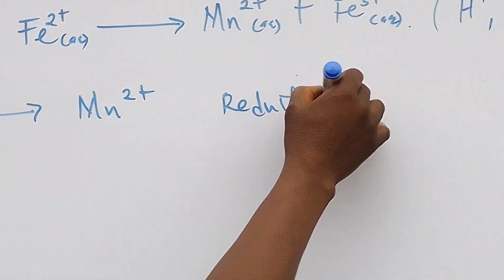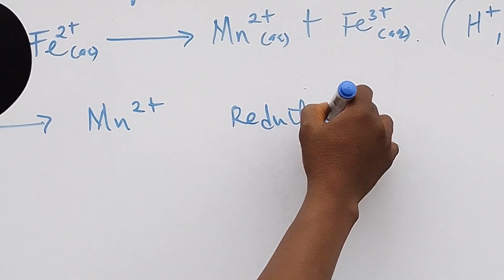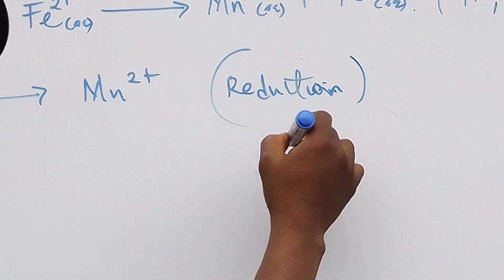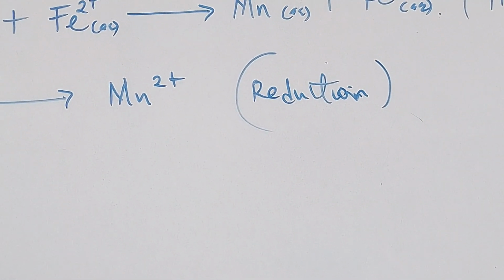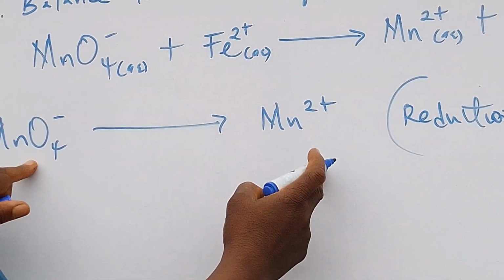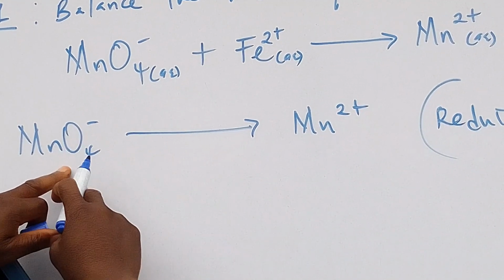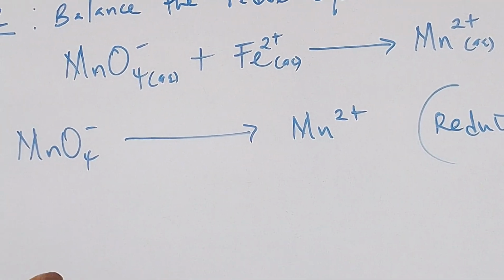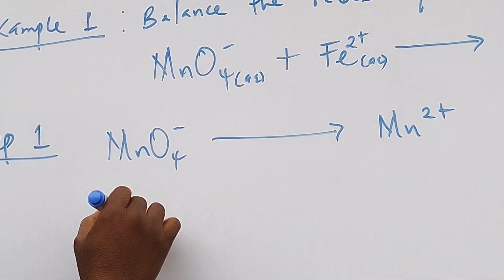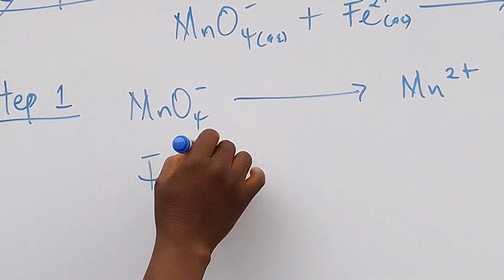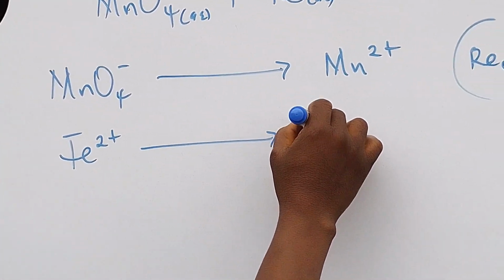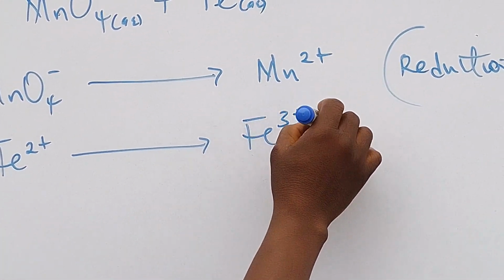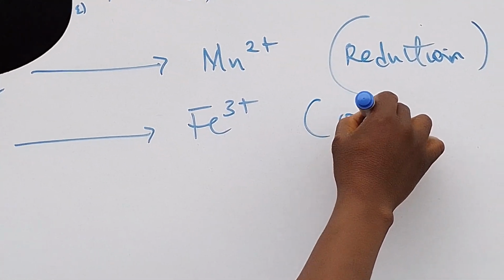Remember the definition I gave you: reduction is removal of oxygen. Oxygen has been removed from reactant to product. Next one, Fe2 plus going to Fe3 plus. This is oxidation.